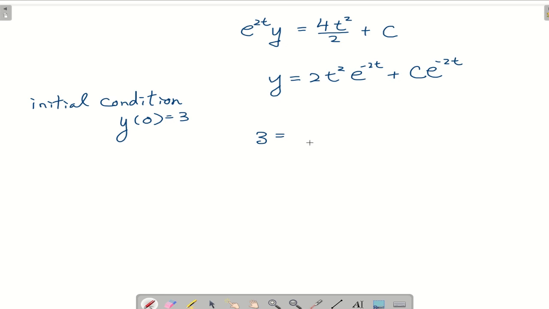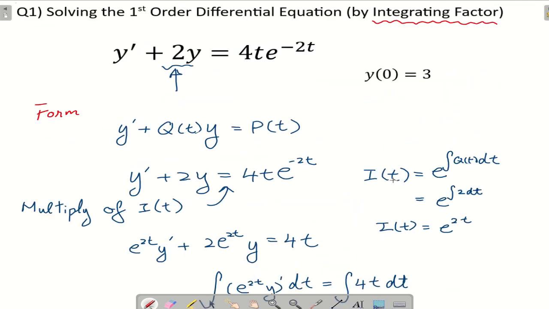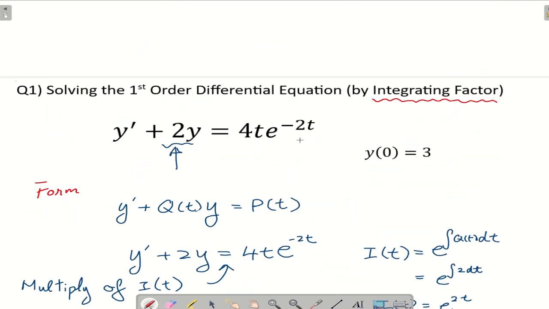Substituting 0 in here, we get 0 plus c. So c is equal to 3. Then the general solution is y equal to 2t squared e to the minus 2t plus 3e to the minus 2t. So we have done. Okay, this is the way we solve this first order differential equation with the initial condition y(0) equal to 3.